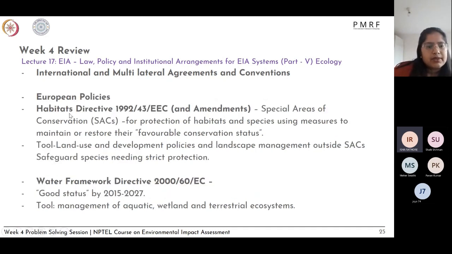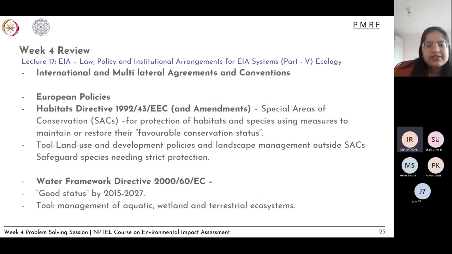And we also have the Habitats Directive and its further amendments from 1992, and it talks about special areas of conservation or SACs for protection of habitats and species using measures to maintain or restore their favorable conservation status. And they use tools such as land use and development policies, landscape management outside these special areas of conservation to safeguard species which need strict protection.